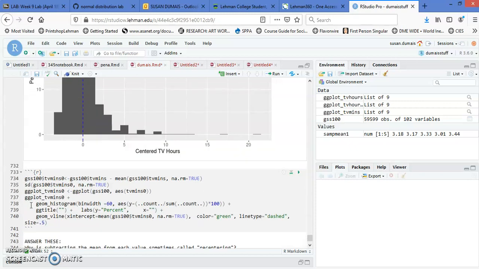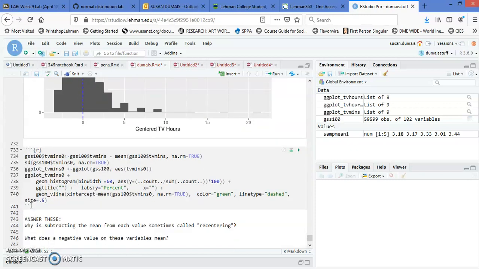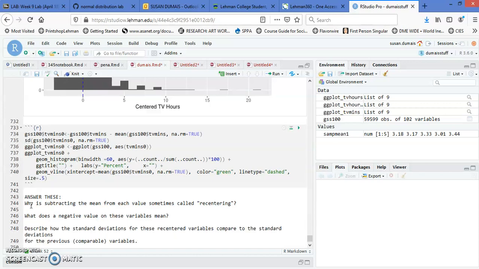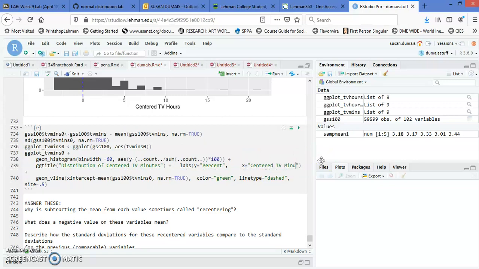Now we're going to do it for TV minutes. The same idea. For each value of TV minutes, we're going to subtract the mean of TV minutes to center our distribution. And so the title here could be Distribution of Centered TV Minutes, and the label Centered TV Minutes.